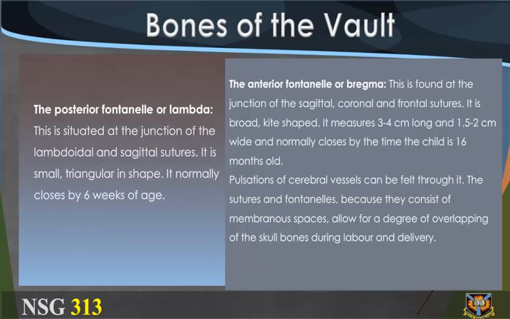Pulsation of cerebral vessels can be felt through it. The sutures and fontanelles, because they consist of membranous spaces, allow for a degree of overlapping of the skull bones during labor and delivery.